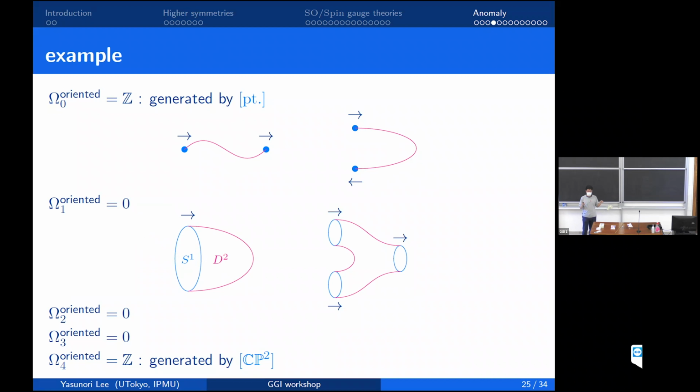If you drop one circle from each side, then again, you'll see that the circle is bordant to an empty one manifold. And as a result, the one-dimensional oriented Bordism group is trivial. And you can go up to higher dimensions in a similar manner, and you'll find the 2D and 3D oriented Bordism groups are trivial, while the 4D oriented Bordism group is not trivial and is generated by CP2.